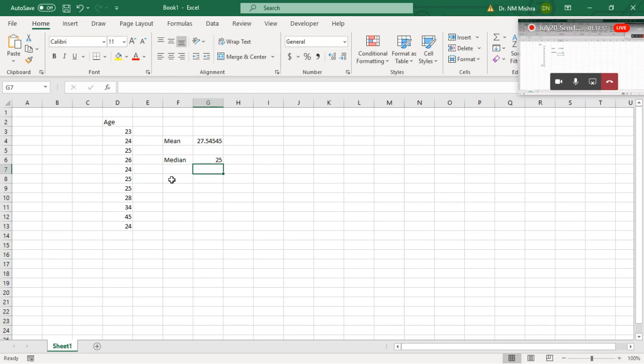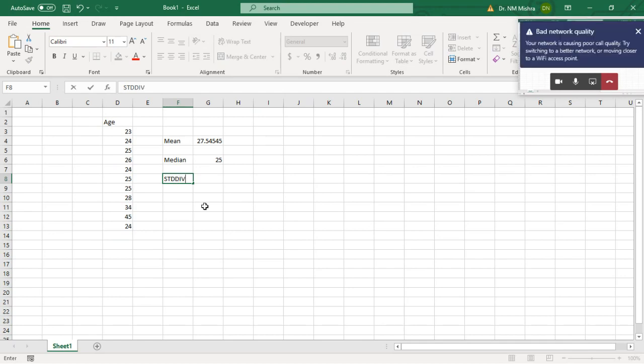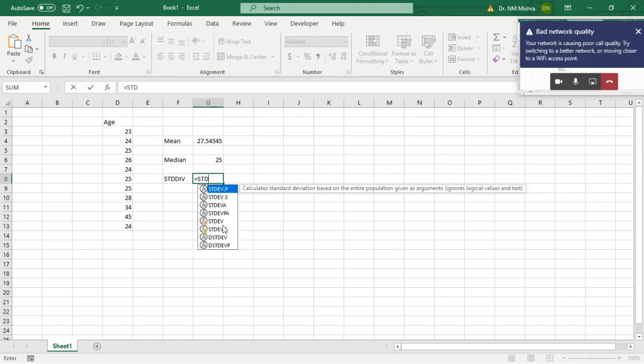Now you can find out the standard deviation also, because standard deviation is a very important term I have already explained to you. Standard deviation you can find by using the function STDEV. I have already selected it here. All of you please see, STDEV is the function.